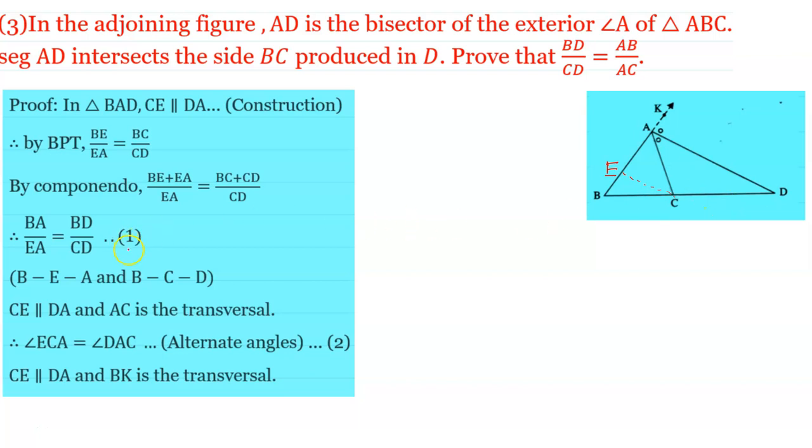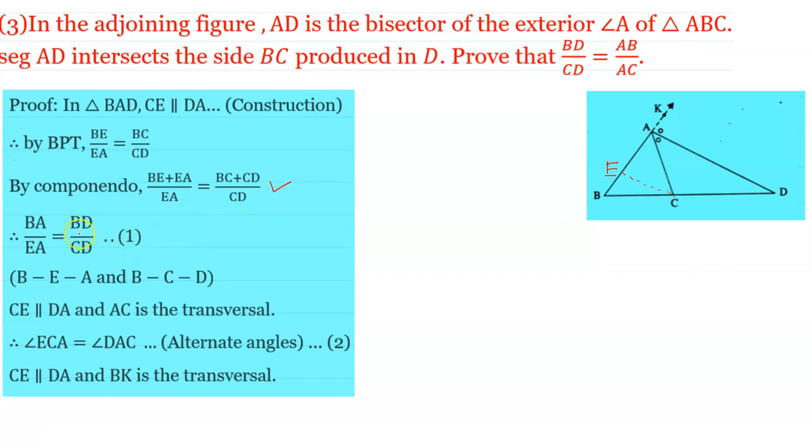Okay. And therefore by the componendo. What is the componendo? That is, if we have A upon B is equal to C upon D, then we add the denominator to the numerator, that is called the componendo. Therefore we have here BE plus EA upon EA is equal to BC plus CD upon CD. इथे काय केलं आपण तर componendo केलंय.